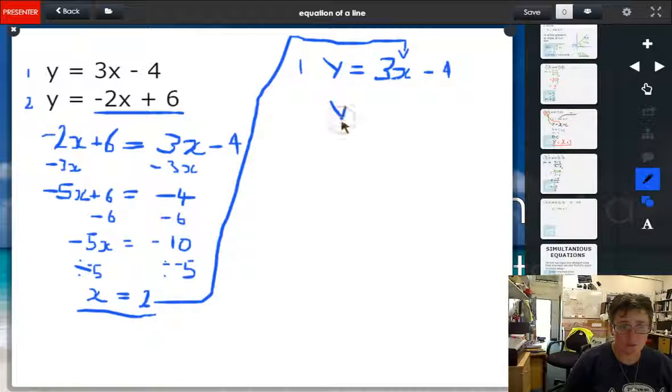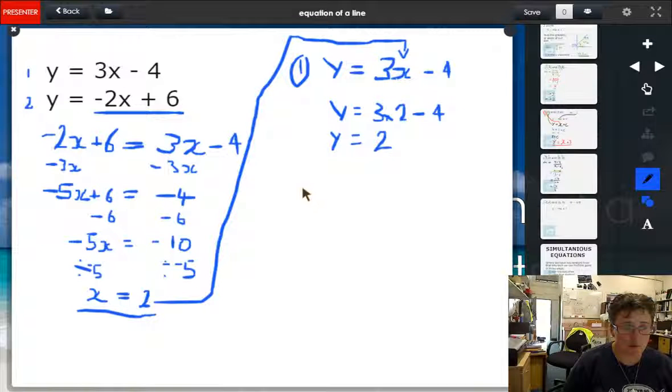So now we've got y equals 3 times 2 minus 4. So we know that y is equal to 3 times 2 is 6, minus 4 is 2. So y is 2.